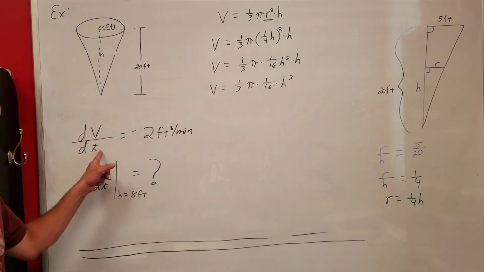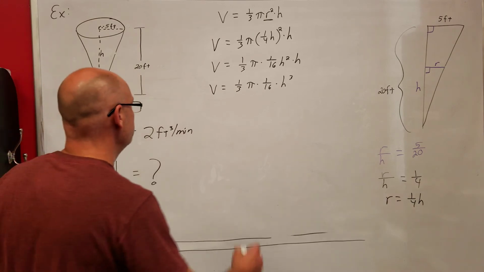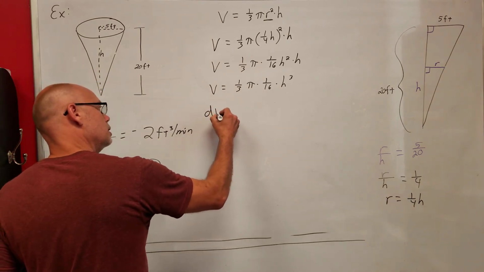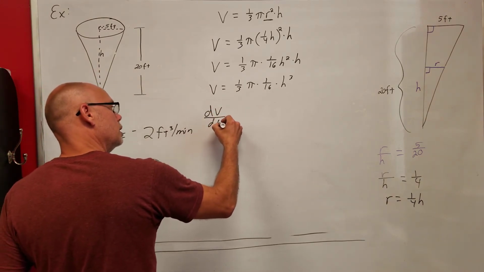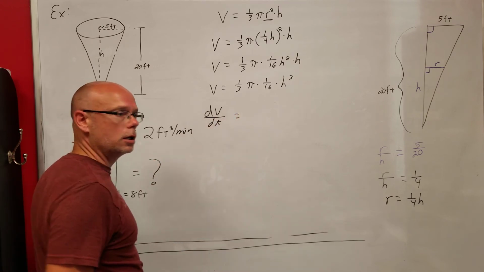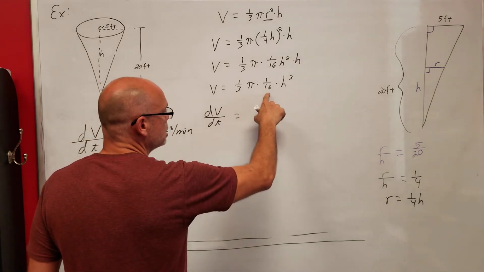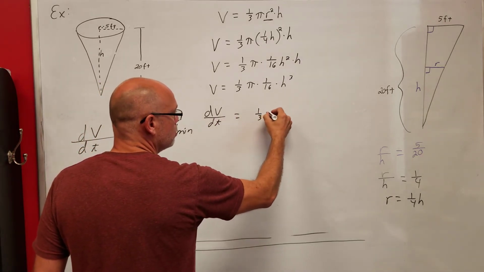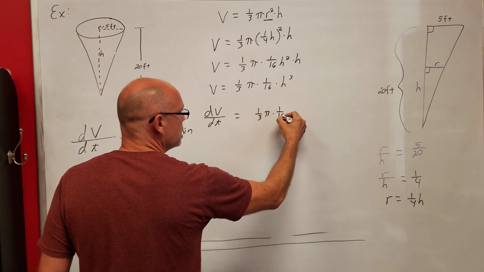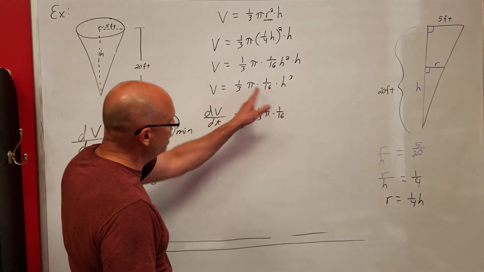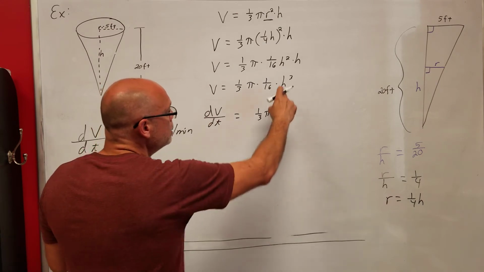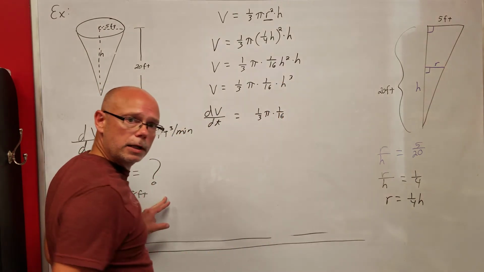Now let's take the derivative with respect to t here. So we get dV over dt is equal to, all this is constant, right? 1/3 pi times 1/16 is all constant, so we pull that to the front. And then we take the derivative of this part with respect to t.